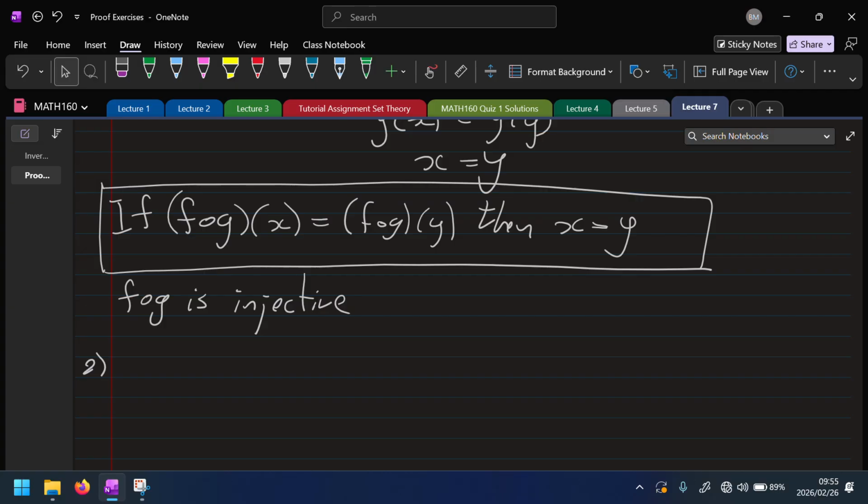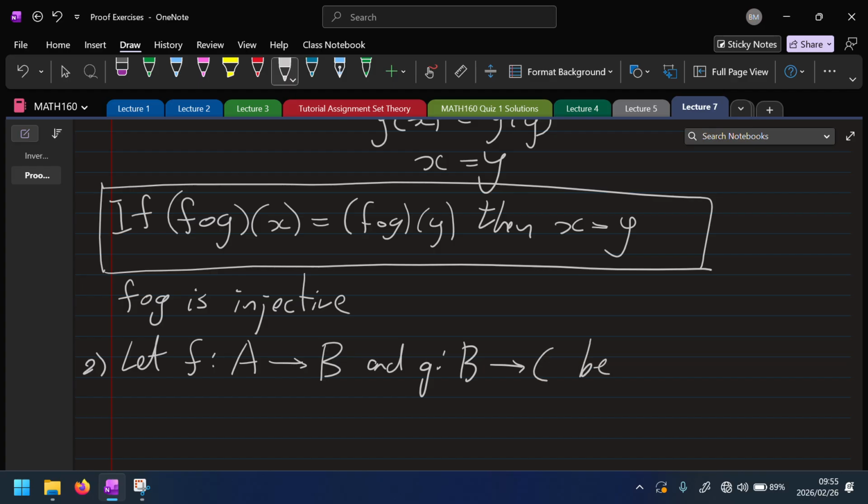Okay, so number 2, this one's going to be for homework. Same idea as number 1. Okay, so let f from A to B and g from B to C be surjective functions.